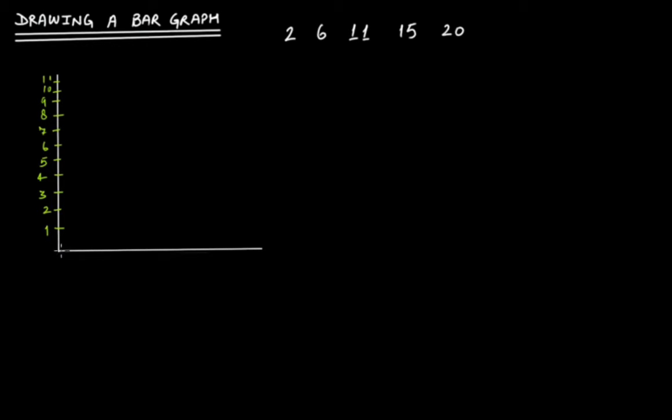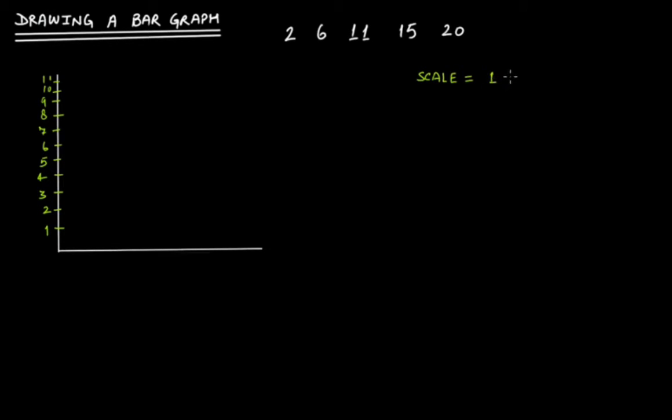That is, if this is 0, then you have 1, then 2, then 3. Now the scale or the unit length in this case is always what? 1, right? 2 minus 1 is 1, 3 minus 2 is 1, 4 minus 3 is 1. So each unit length is of what number? It is of one number.